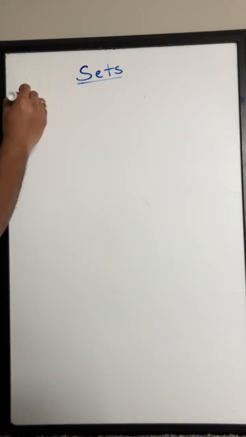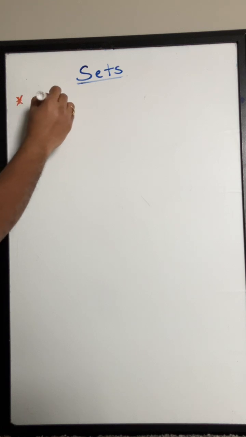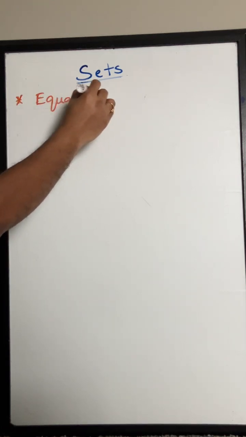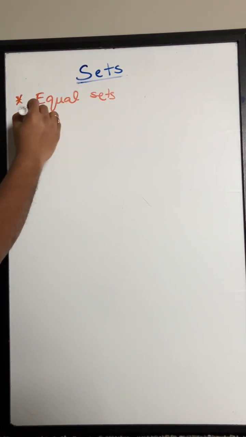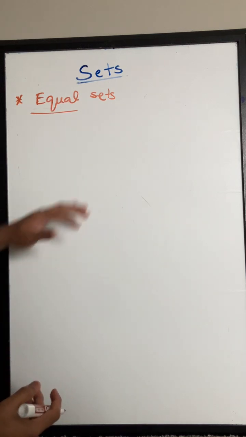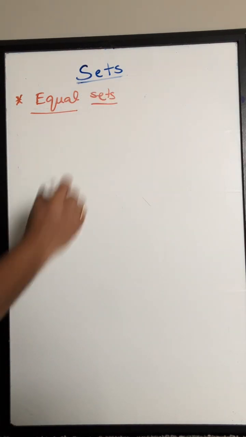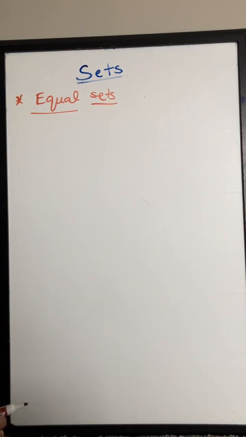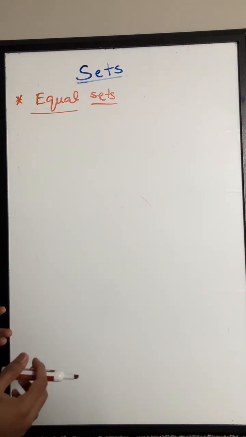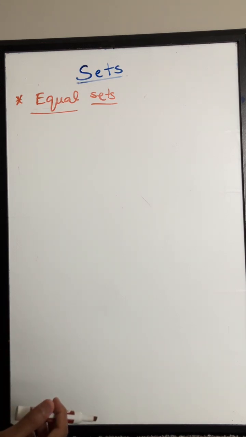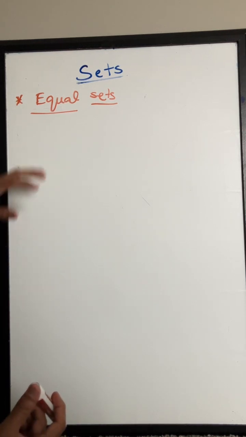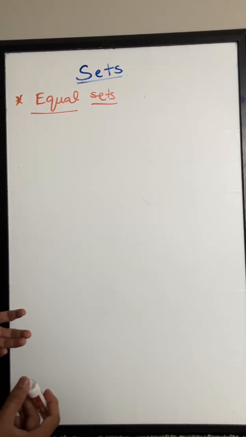The next type is equal sets. Equal means same. This is also a plural thing. Can I say I got equal marks? Equal means you have to compare with something else. Like me and my friend got the same marks, equal marks. That means I'm comparing myself with my friend.